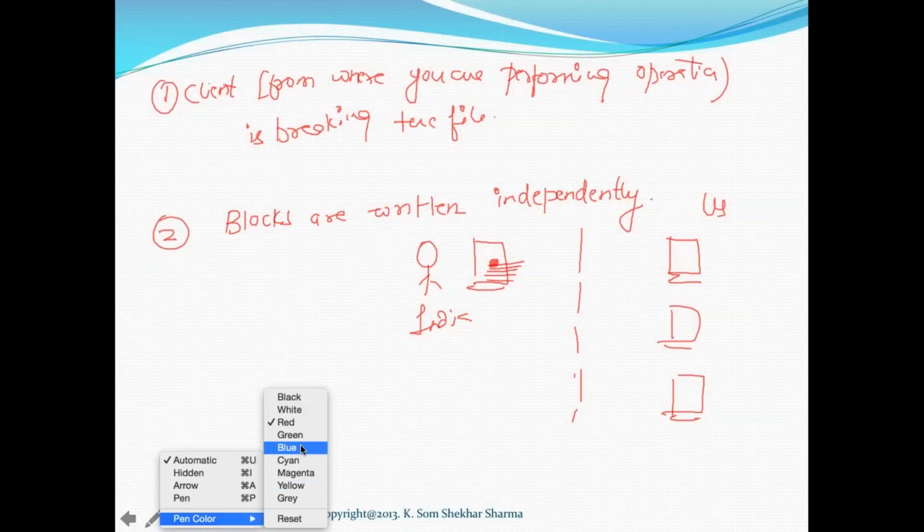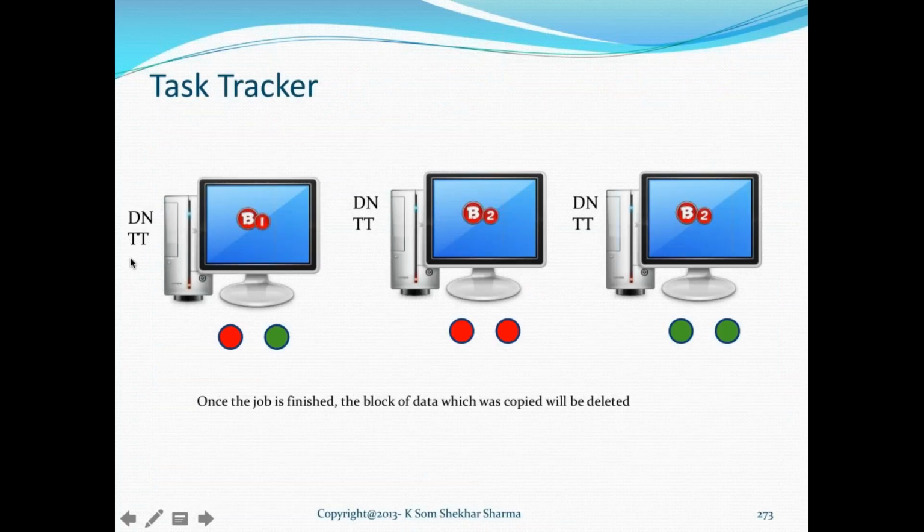So blocks are written independently, which means that one block of data does not know that another block exists.